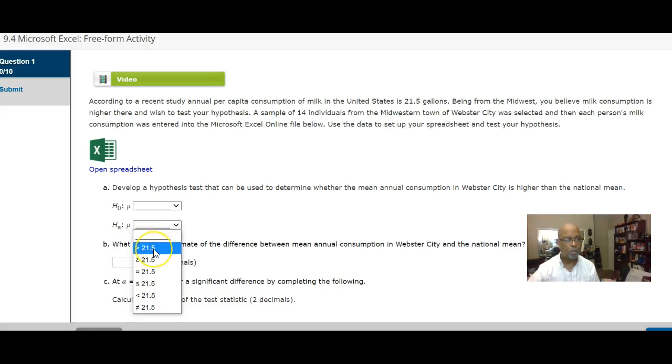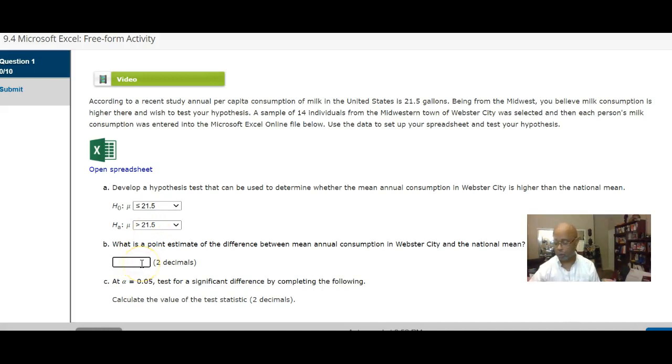We'd like to be able to show that the average milk consumption is actually greater than what we've assumed as the standard, 21.5. Therefore, the null hypothesis should be just the opposite of that, where the mean is less than or equal to 21.5. And always remember, any equality should be in the null hypothesis, never in the alternative.